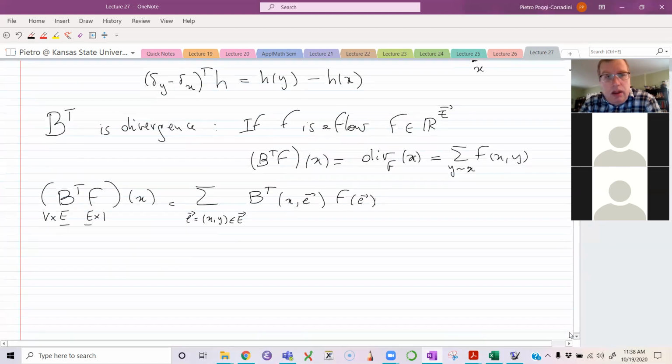Yeah. All right, so now, remember the transpose just switches the order. I'm going to turn it into B here.